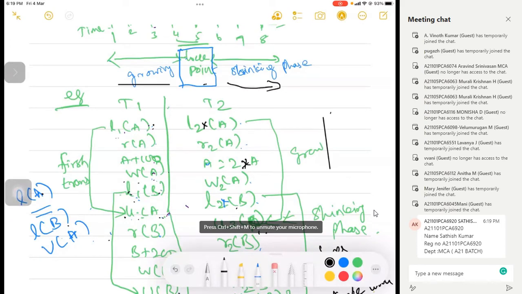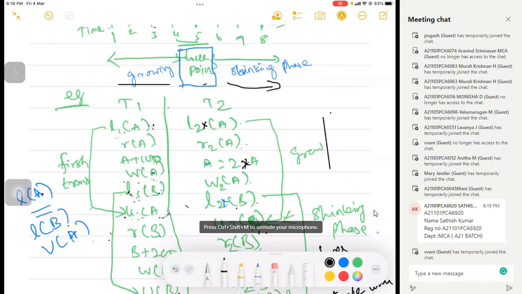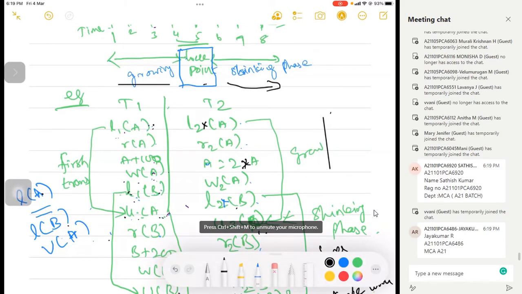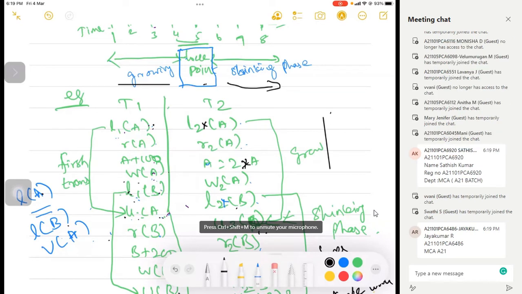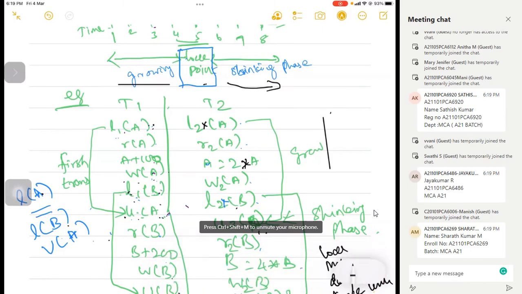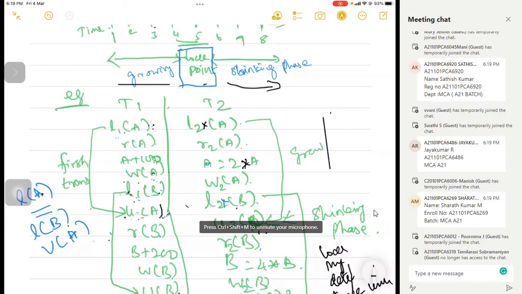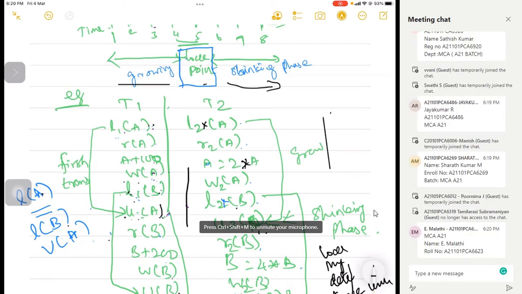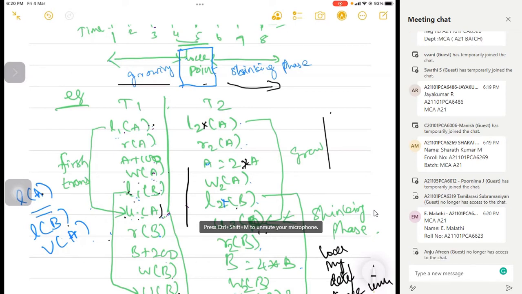Once it is finished, only then the read operation of B will happen. Once the B record is locked, at the same time you should unlock A. Once A record is processed and completed, unlock A. While B record is in use, others can use A. Like that it will be used.